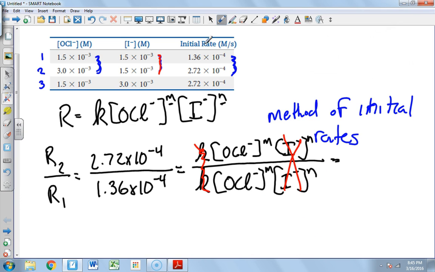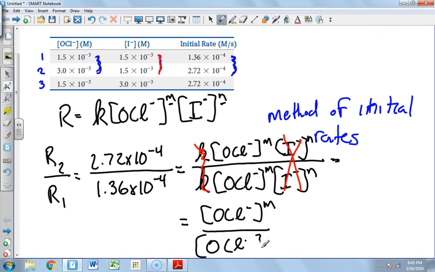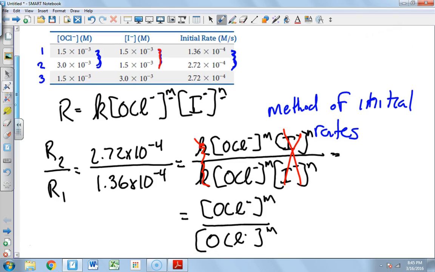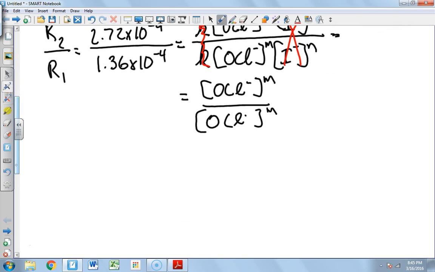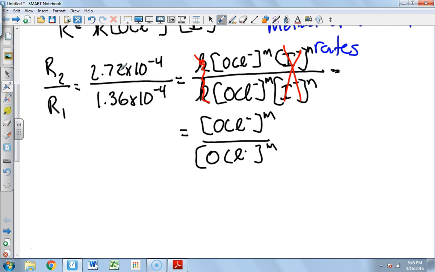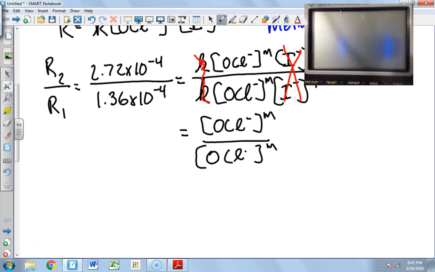So what we have is that R2 over R1 equals the concentration of OCl minus raised to the m power for experiment 2 over the concentration of OCl minus to the m power for experiment 1. So this is experiment 2 and this is experiment 1. Now let me pull up my calculator. What is 2.72 times 10 to the minus 4 divided by 1.36 times 10 to the minus 4?